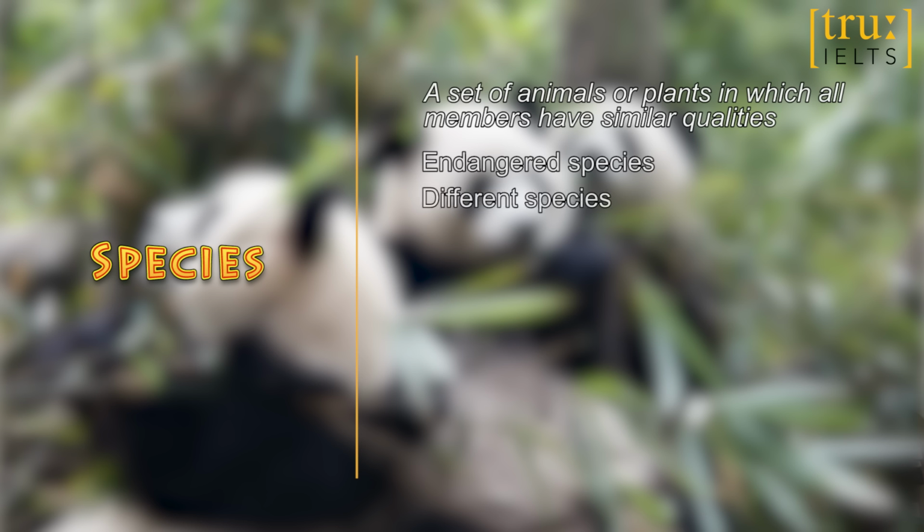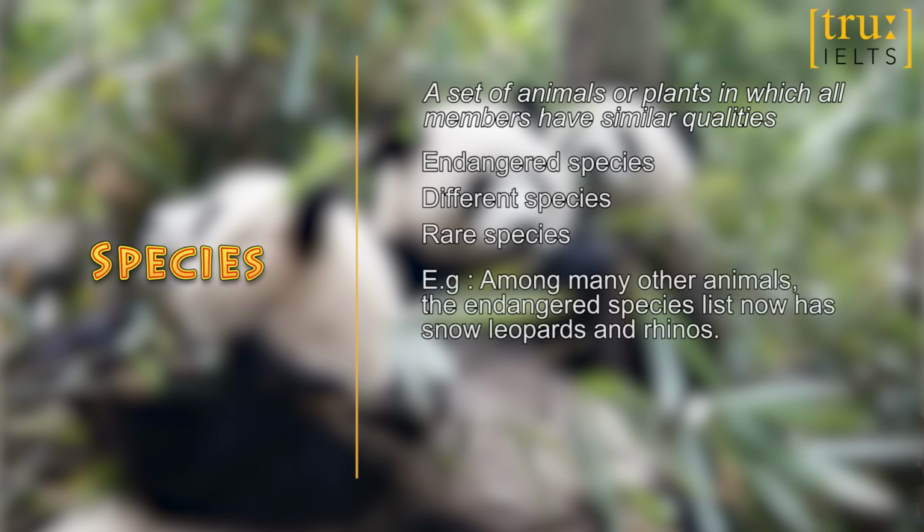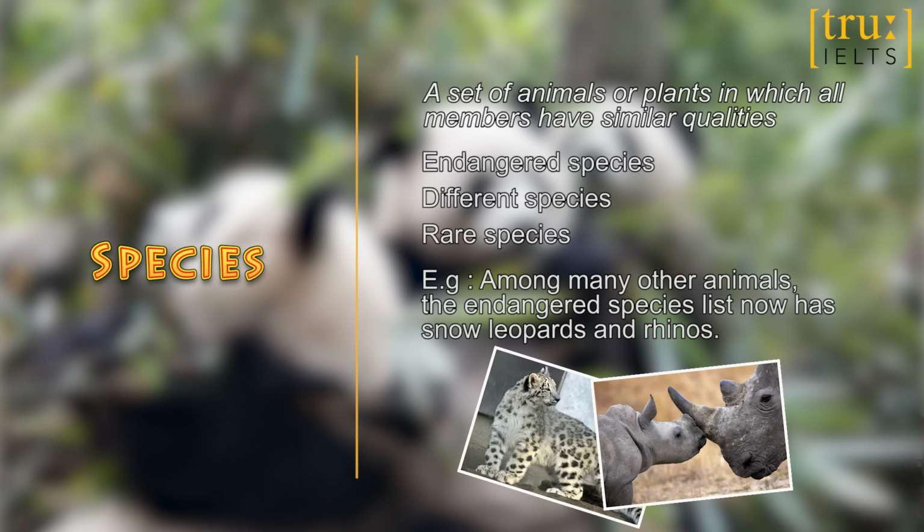We could talk about a different species, so maybe making comparisons, or we talk about rare species, so ones that you don't often see, or also maybe they are also endangered. Absolutely. Here's quite a good example for you. Among many other animals, the endangered species list now has snow leopards and rhinos.